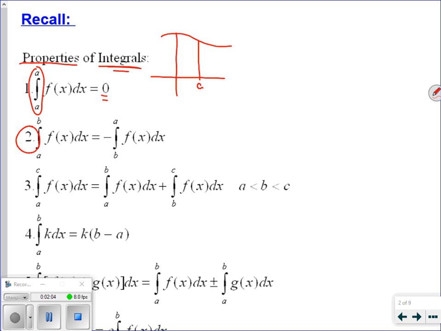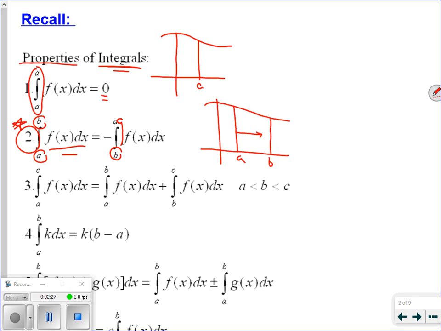Number 2 is going to be more context oriented later on down the road, but basically this is talking about direction. If we're taking the area underneath the curve from A to B, going from the lower bound to the upper bound, from left to right, that's going to be a positive area. Now, going backwards, B to A, means we're taking a negative area.